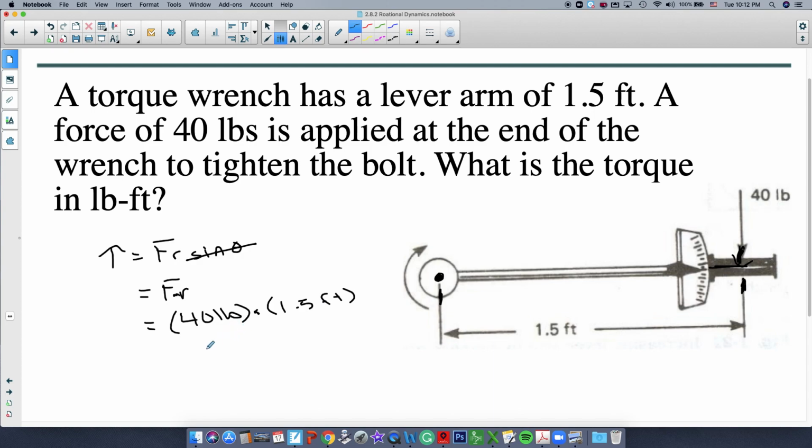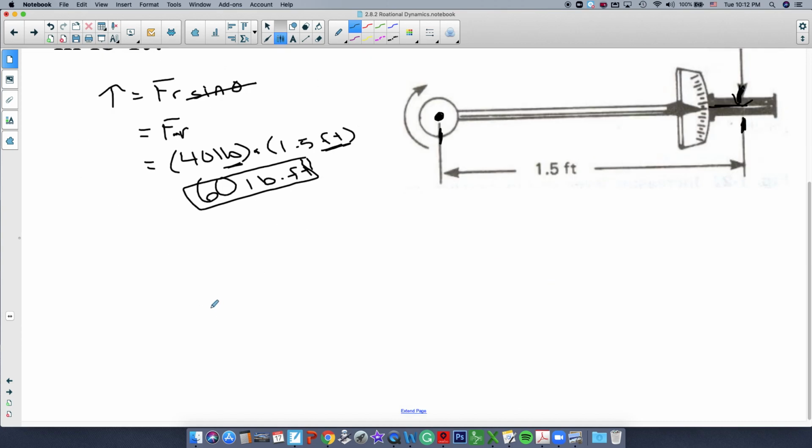It's pretty simple, just multiply those two together. So 40 times 1.5, and you will get 60. Okay, so again, our label here is going to be pound-feet, because we are using English measurements here. Okay, so pretty quick.